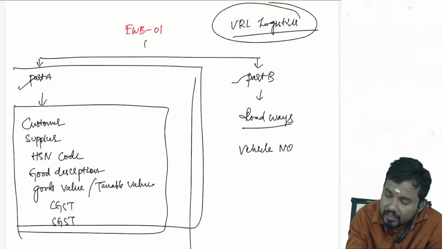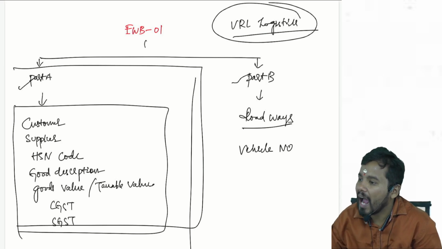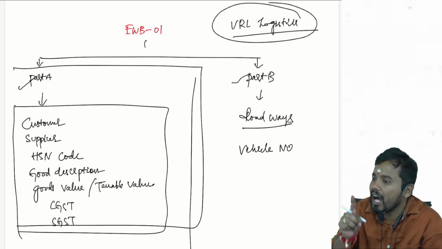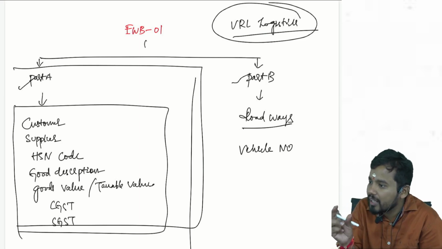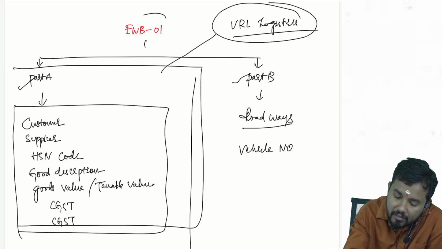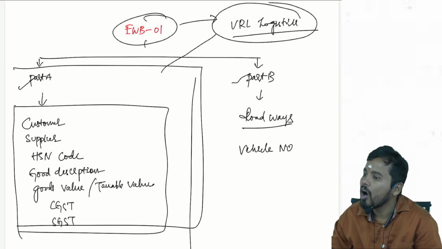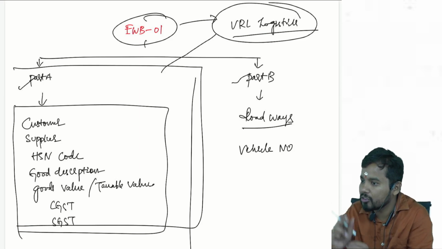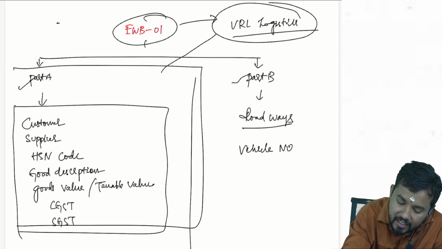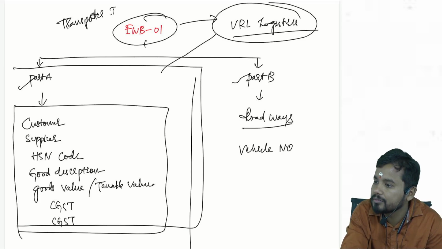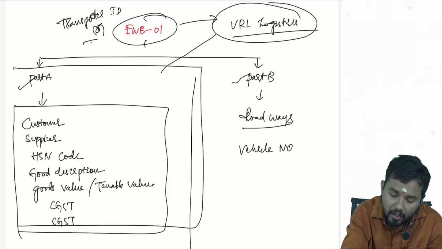But this person doesn't have a GSTN, as he is exclusively making RCM supplies, so they have not taken a GSTN. Some unique number should be there to assign the E-way bill to VRL Logistics. That is the reason why in such scenarios this transporter ID or transit code will be helpful.